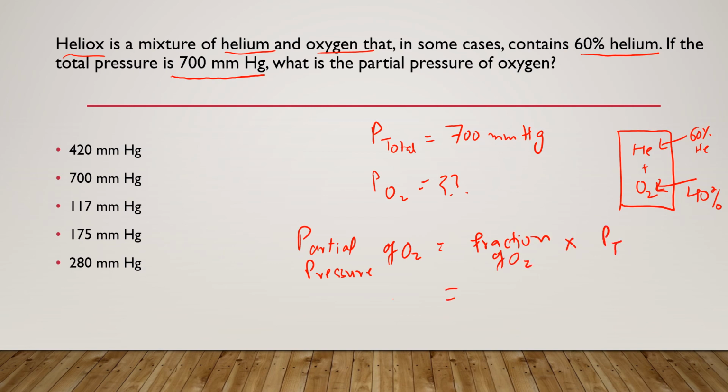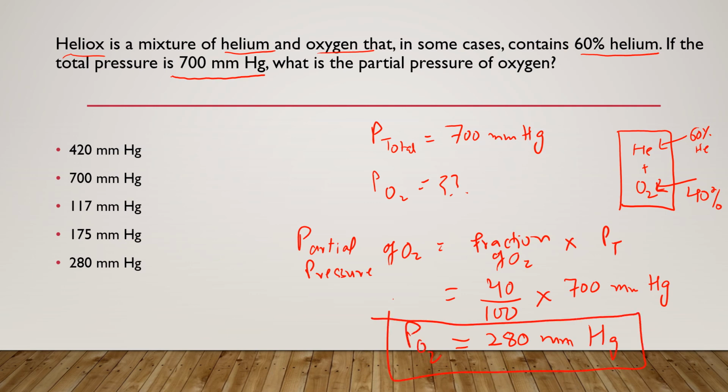Fraction is percentage divided by 100. So 40 divided by 100 multiplied by the total pressure, which is 700 millimeter mercury. And when we solve this, it comes out to be 280 millimeter of mercury. So the partial pressure of oxygen comes out to be 280 mm mercury, and that is the correct answer.